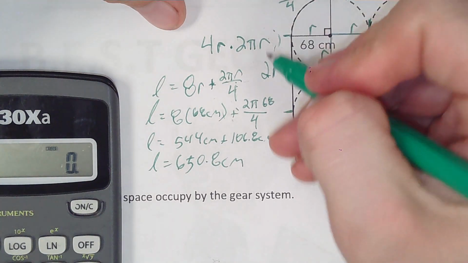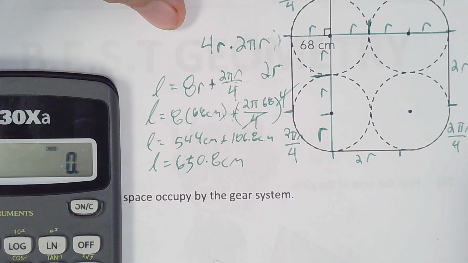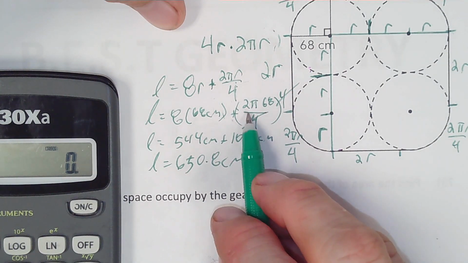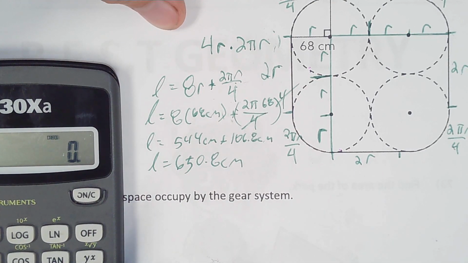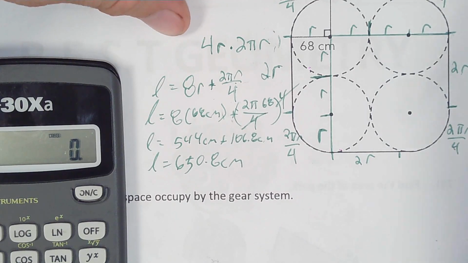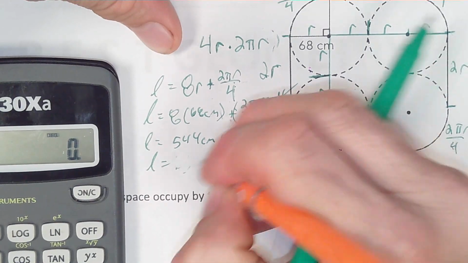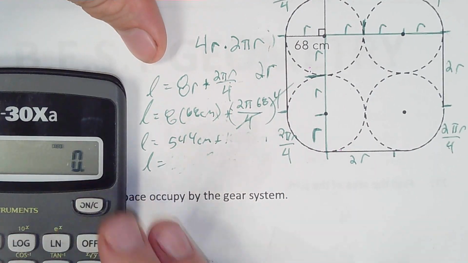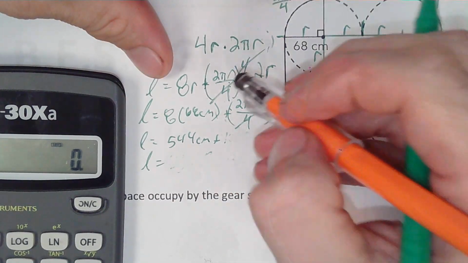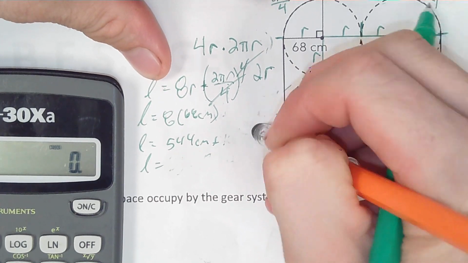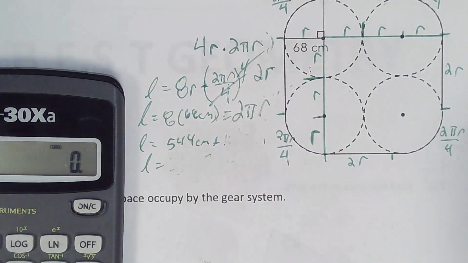I did make a mistake. This was 2 pi r times 4 quarters, so the 4s should cancel out. So it's just going to be 2 pi r, which is just the circumference of one circle.